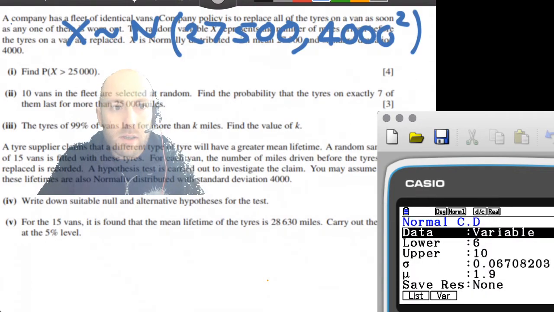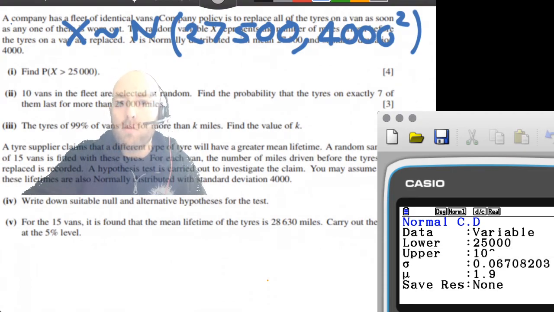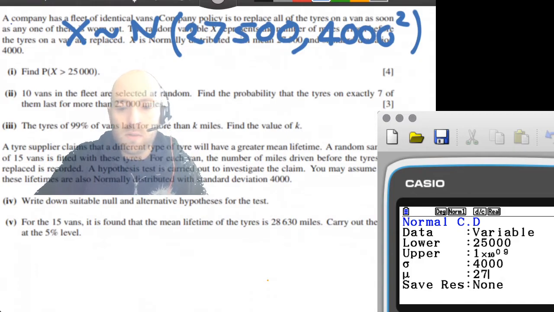Our lower value is 25,000. Upper value, put in something huge. Sigma 4000, and mu 27500. Cool.